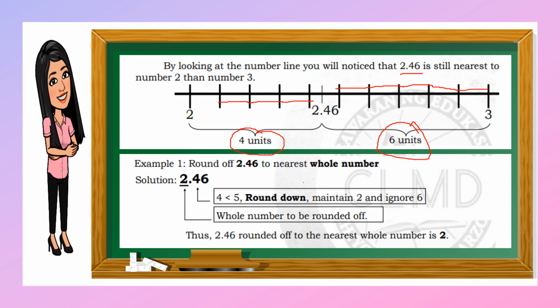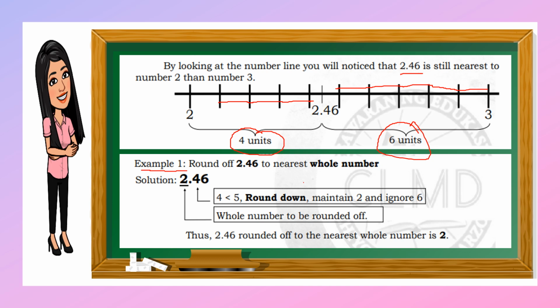So we have to round off 2 and 46 hundredths to the nearest whole number. Pag sinabi nating whole number, saan tayo titingin? Titingin tayo bago mag-decimal point. So, yung mga number na papunta dito, bago mag-decimal point, those are whole numbers.